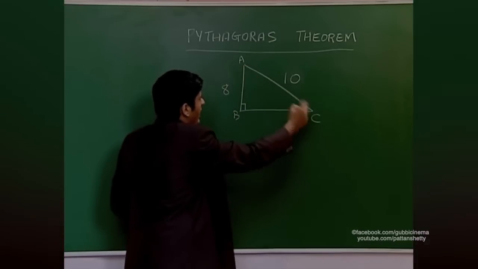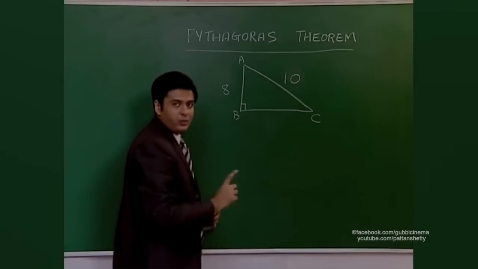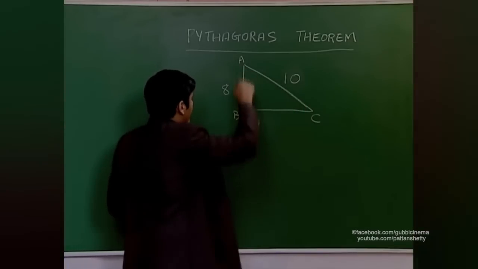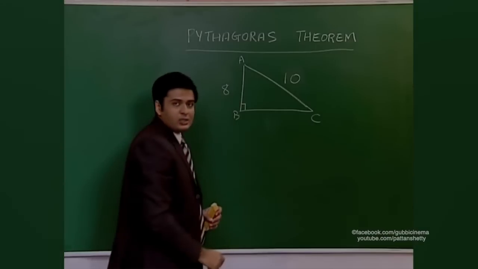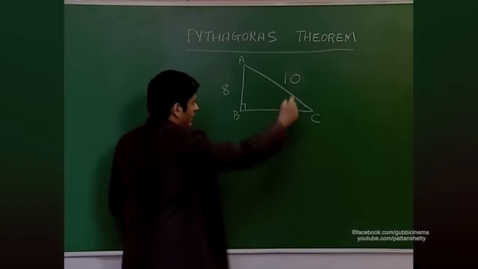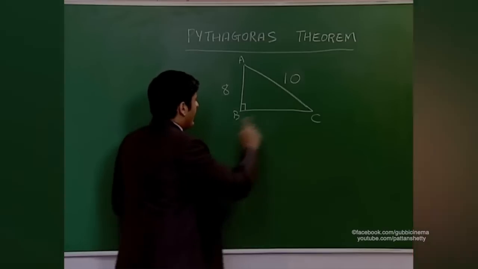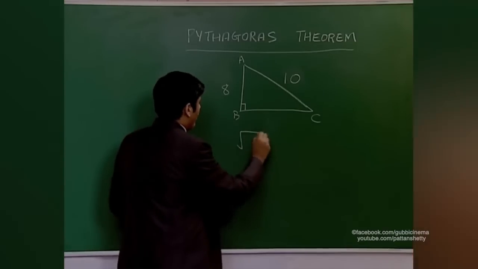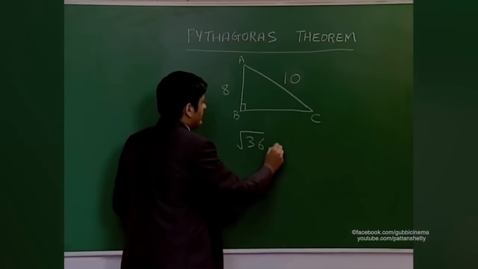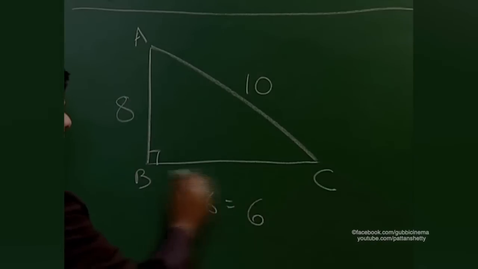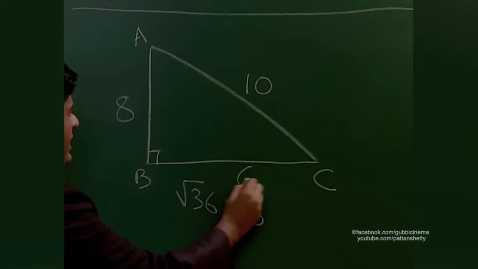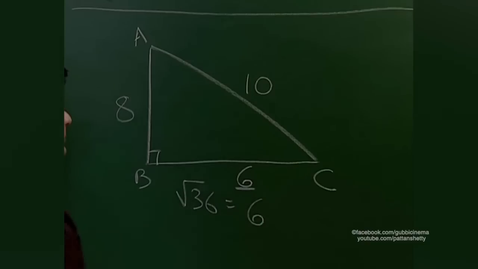AC square is 10 square, which is 100. AB square is 8 square, which is 64. 100 minus 64 gives me 36. And side BC can be found out by doing root of 36, which is 6. That means side BC will be 6 units.